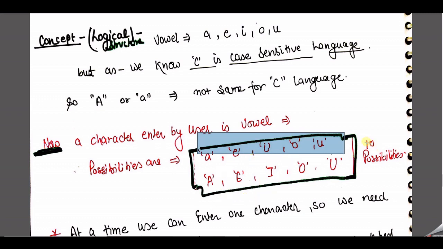That means in total we have 10 possibilities. If the user's input meets any one of these, that means either one, not both, must come at the same time, any one. So this is the most important point to decide which operator must be used here.